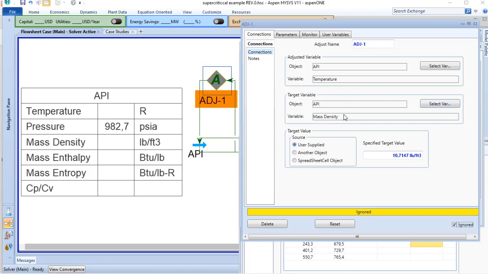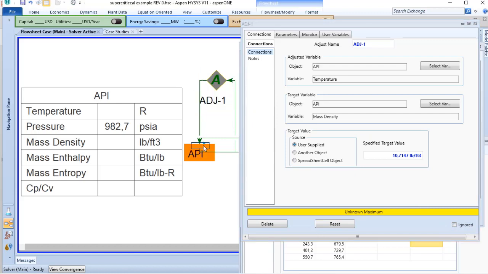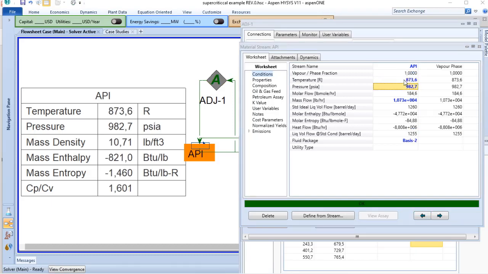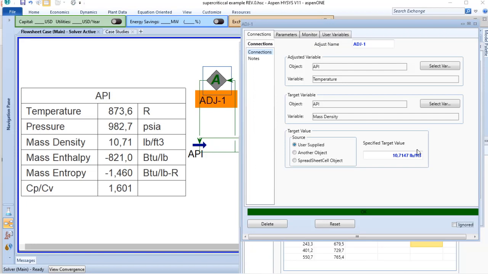My target is mass density and my adjusted variable is temperature. So I will just uncheck the ignore, and to run my adjust, I need to set a handle value of temperature, for instance 550. With that, Aspen Hysys did the calculation, the adjust converged, as you can see.